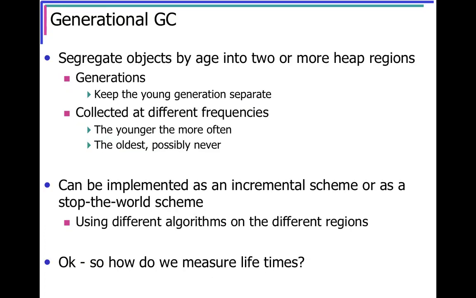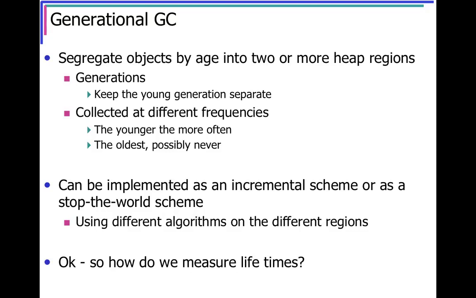The idea behind generational collection is that we're going to segregate objects by age with two or more heap regions. These heap regions are going to be called generations. We're going to have a young generation, and that's where objects are going to be allocated from. We're going to have older generations, and this is where objects that have been around longer are going to be copied to.